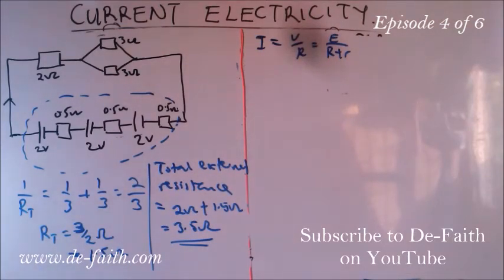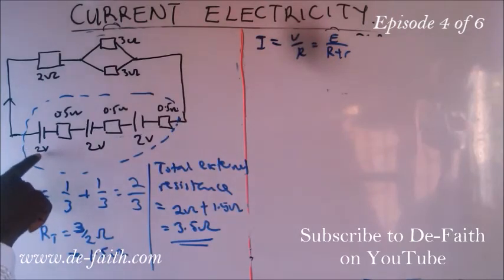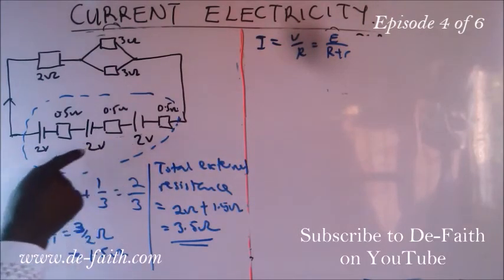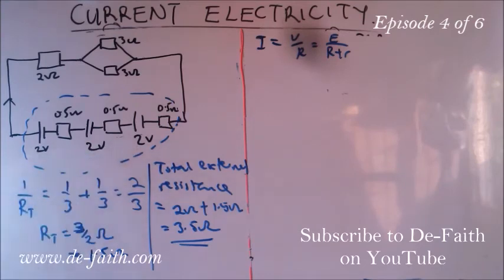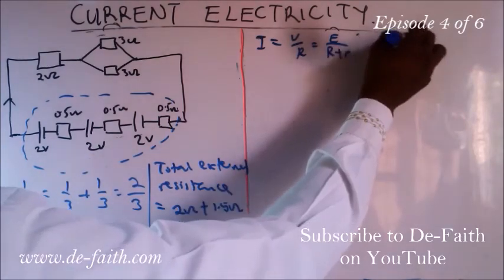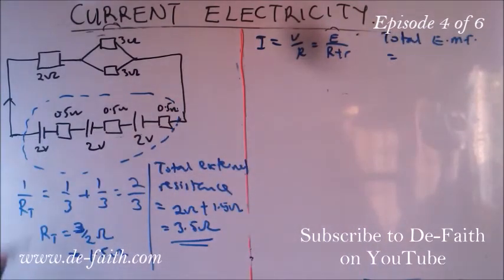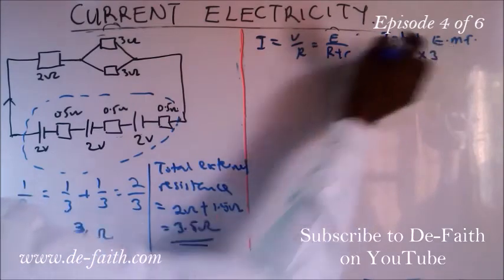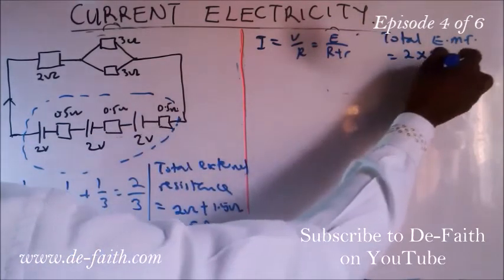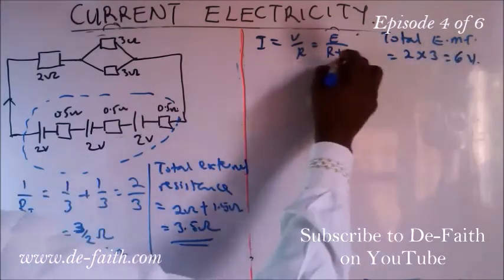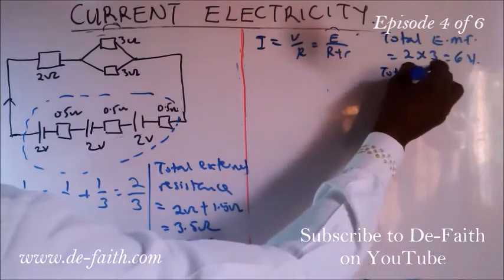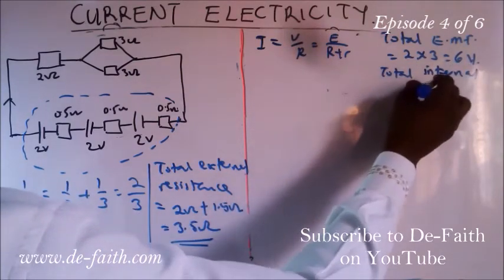So for us to get that done, we need to find the total E. Now, these E are the electromotive forces of these cells, and they are connected in series. The total EMF of these cells connected in series will be 2 volts times the 3 of them, making a total of 6 volts. Then we need to get the total internal resistance.